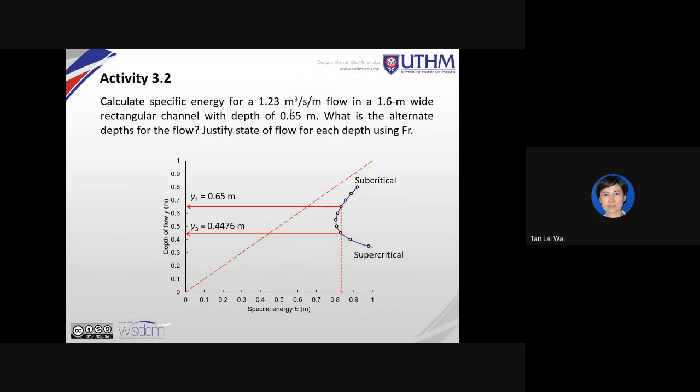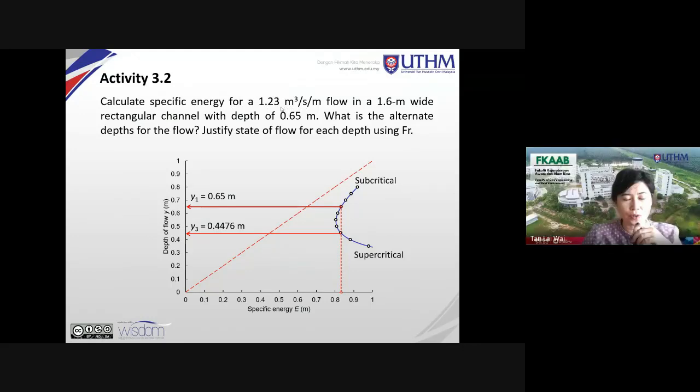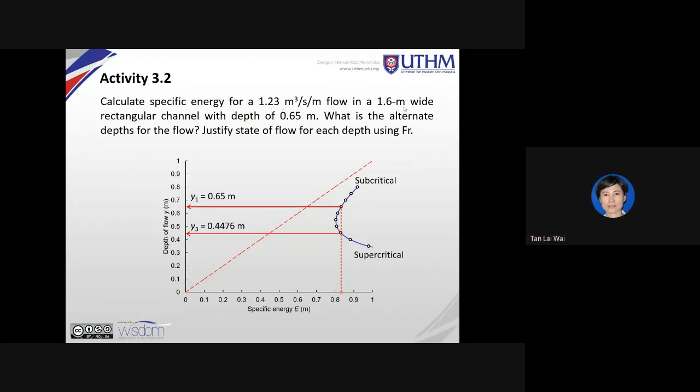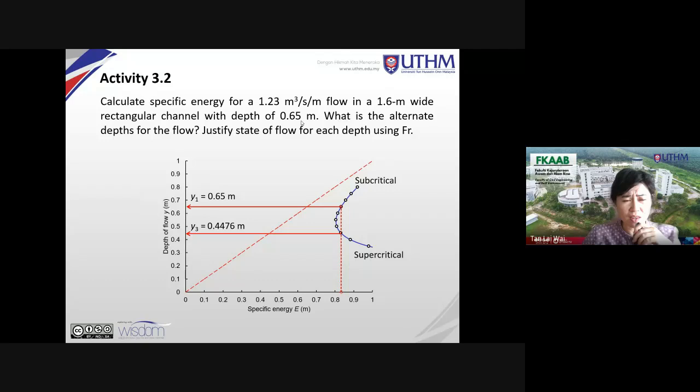You have a flow where the discharge per unit width is given as 1.23. The channel is 1.6 meters wide and rectangular. The depth of flow is 0.65. It asks you to calculate the specific energy. After that, you need to find the alternate depths of the flow. So first, you need to calculate this specific energy.